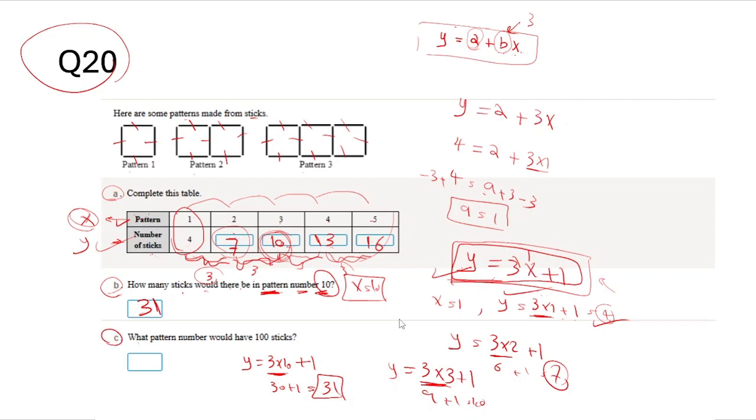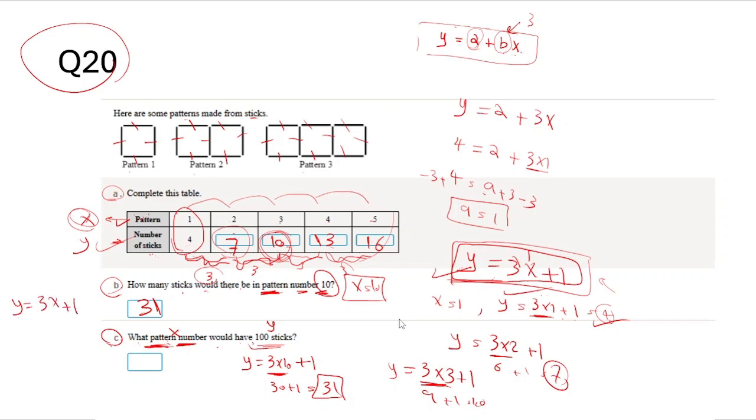Here, question C is saying what pattern number? So he's asking for the pattern. So he wants to know x when there would be 100 sticks. So now he's giving you y and you need x. Let's substitute in the equation. The equation says y equals 3x plus 1.